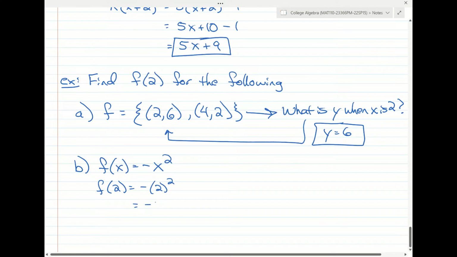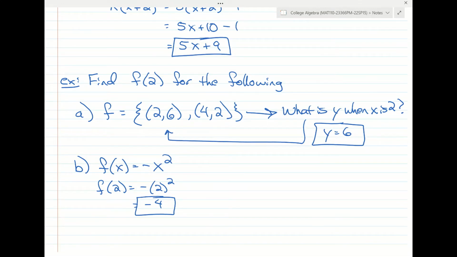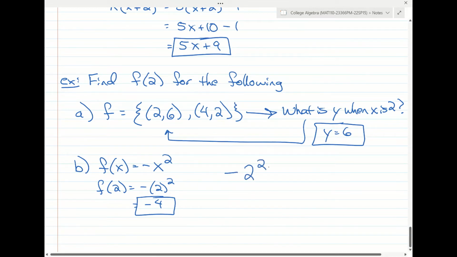We get negative 4. As a reminder, negative 2 squared is different than negative 2 squared.